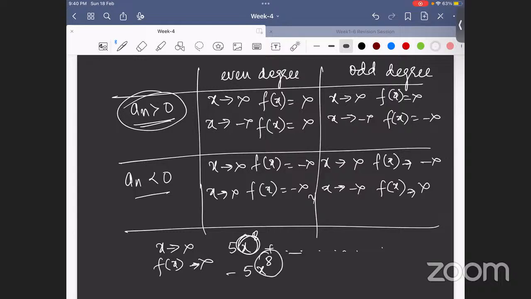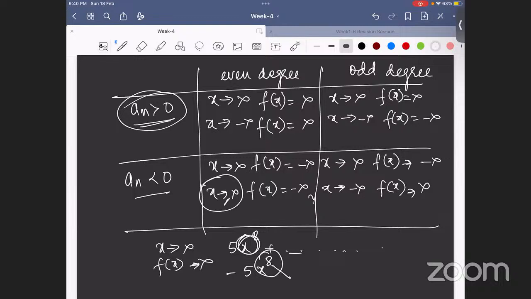Whether you're putting x equals to infinite or negative infinite, you'll get a negative infinite itself. I understand that, but I think you written a wrong statement. Yes, sir, it's correct. Okay.